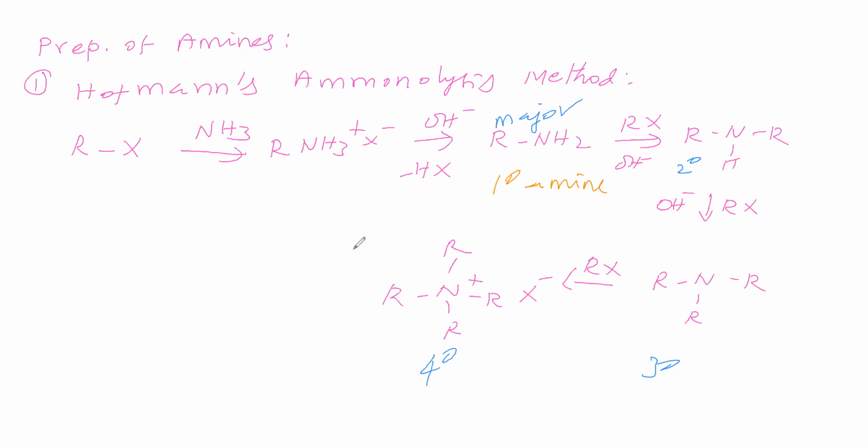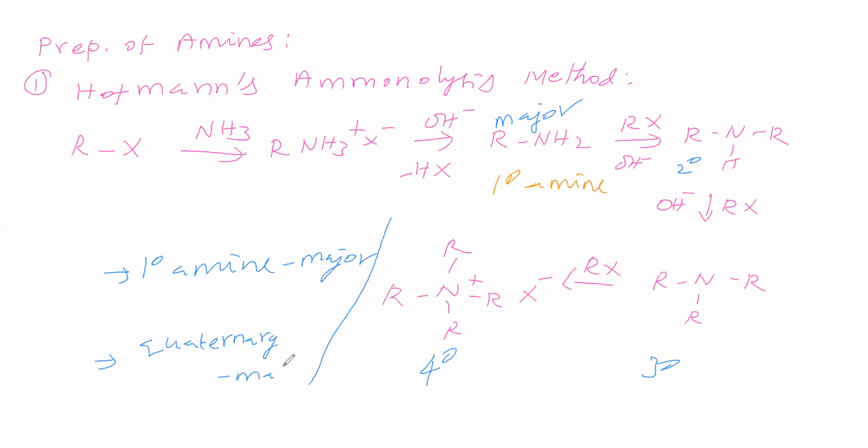Now you say that in order to get primary amine as major, what we have to do? In order to get primary amine as the major product. When do we say primary amine is the major product? When do we say quaternary ammonium salt is the major product?